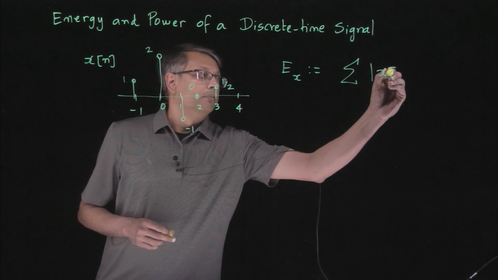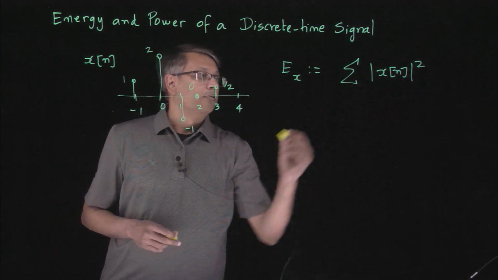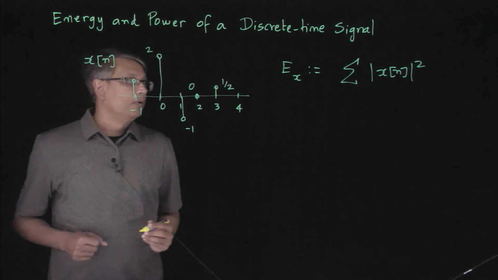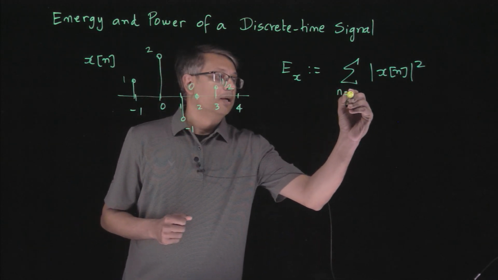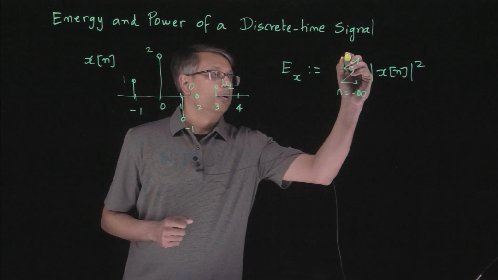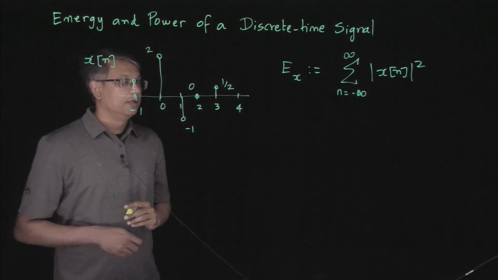to be the sum of the square of the absolute value, the magnitude of x of n as n goes from negative infinity to positive infinity.